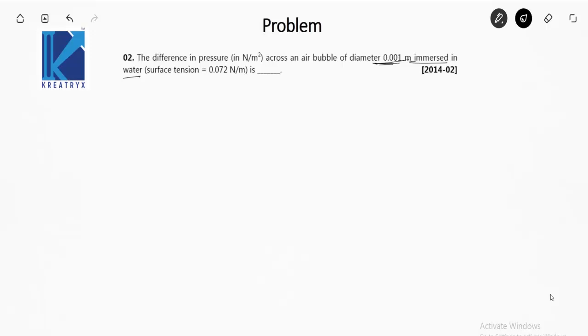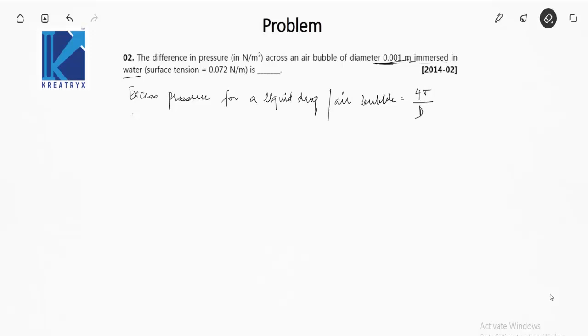So the excess pressure for a liquid drop or air bubble is equal to 4 sigma by D. I've studied this, so I'm not going to derive this formula.